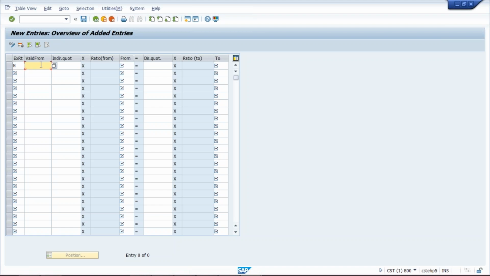M, valid from, give the date, and then from USD, and let's suppose we are going to give 60 rupees here, and INR.